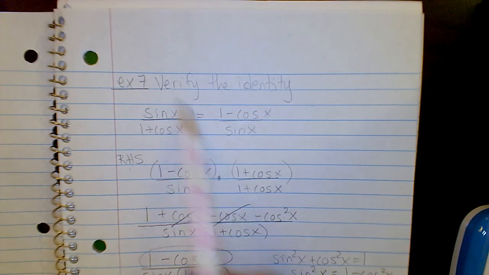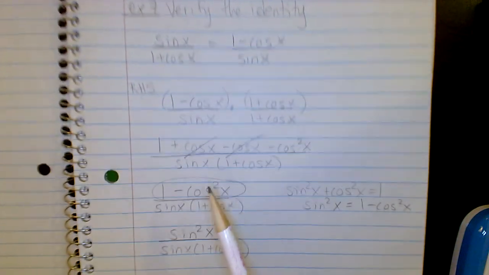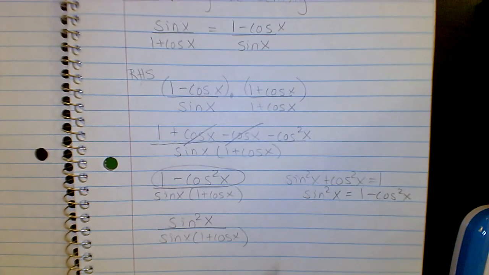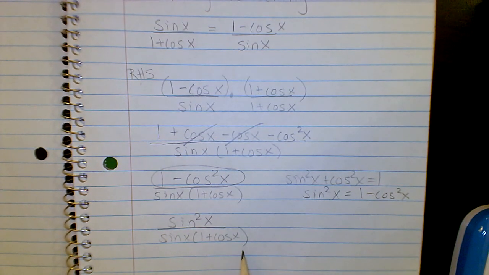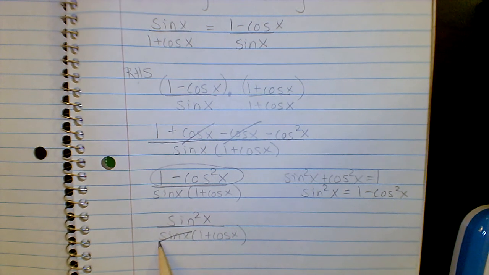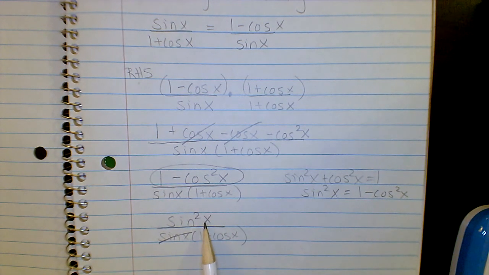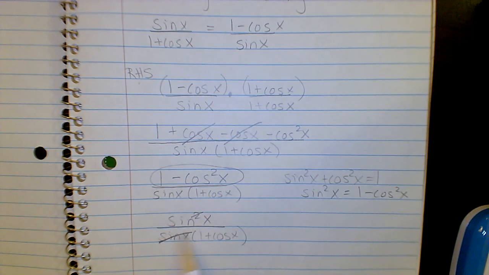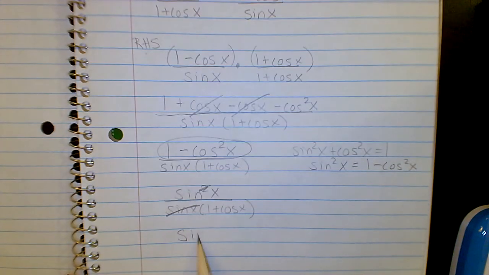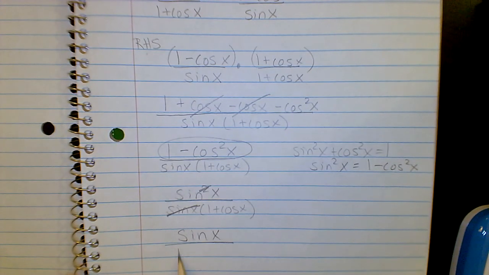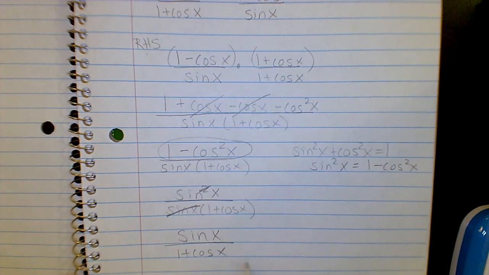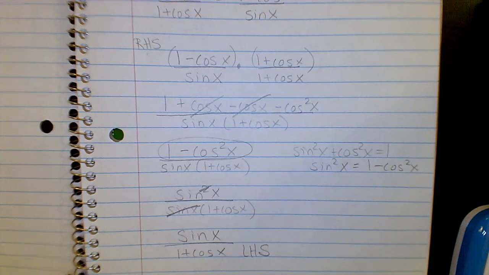That tells me this is where I want to end up. So if I want to end up with sine over 1 plus cosine, well look, I've got sine x, and then I've got sine x times sine x. So this sine is going to cancel one of those and leave me with sine x on the top and that 1 plus cosine x on the bottom, which is my left-hand side.